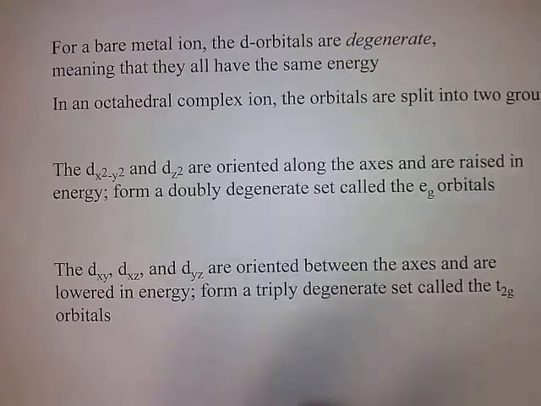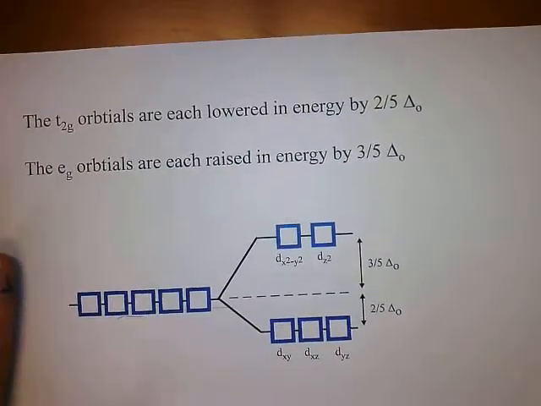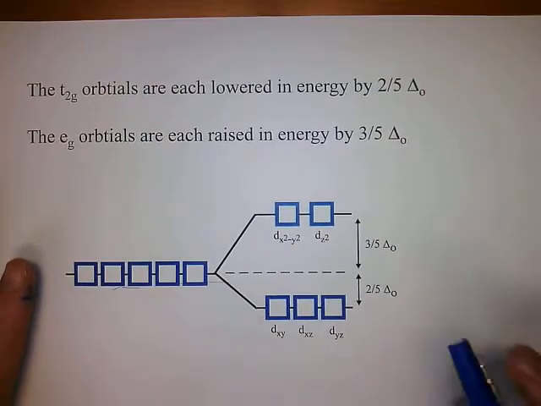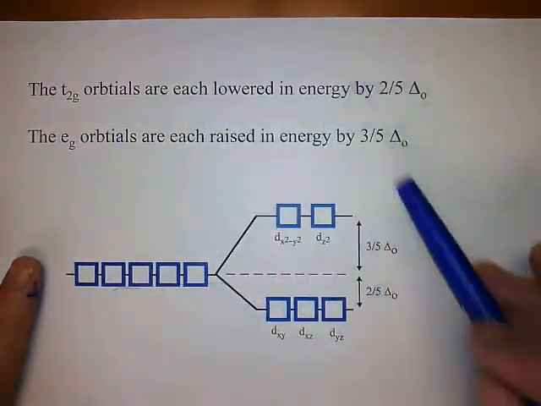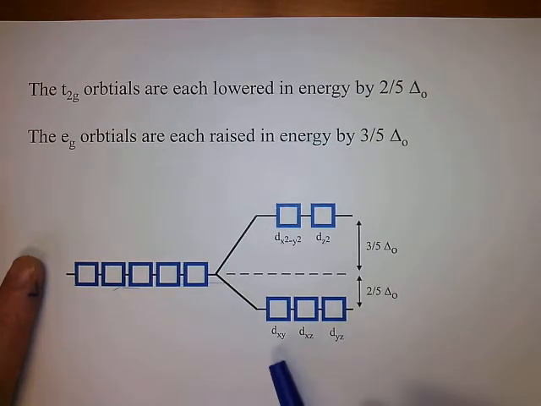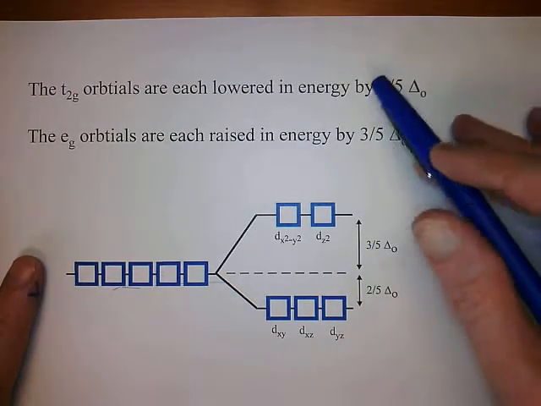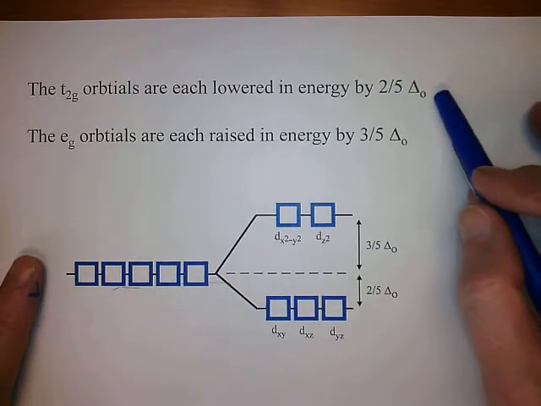There's 3 of them. Okay, so this is not a symmetric split. Well, in a way it is, but it doesn't seem like it at first. The t2g orbitals, these 3, xy, xz, and yz, get lowered by 2/5 the field splitting. Now delta O is the symbol that we use for the field splitting.